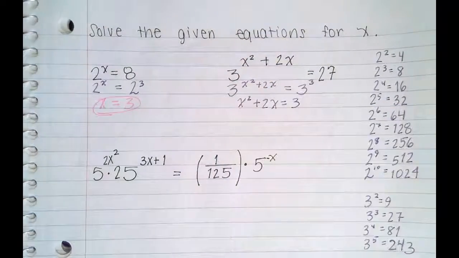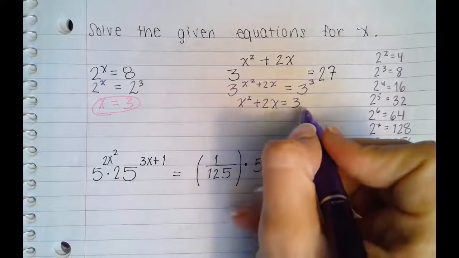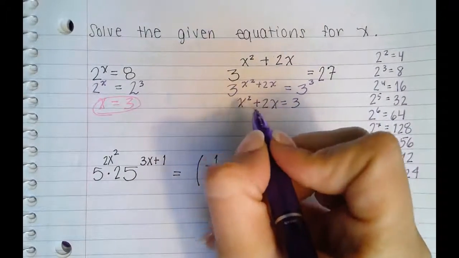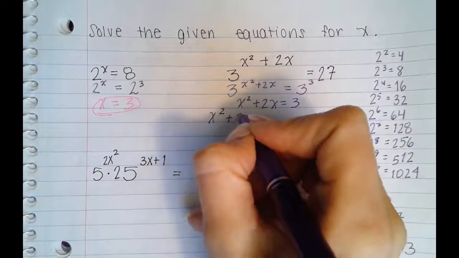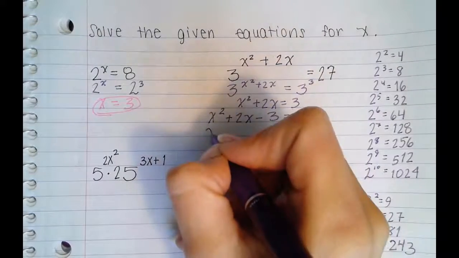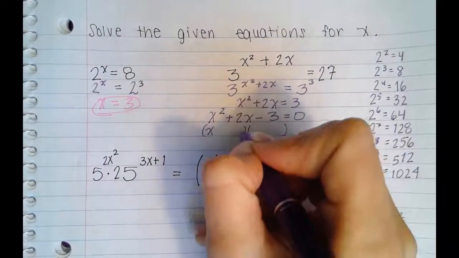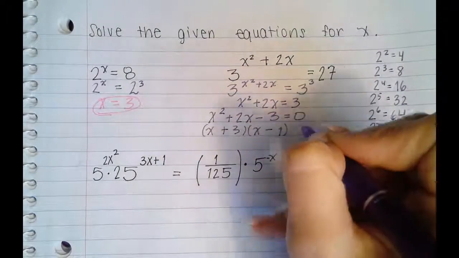This is a quadratic equation, and like all polynomial equations, in order to solve it, we need to get it equal to 0, factor, and then use the zero product property. x squared plus 2x minus 3 is 0. Factoring this, we'll use 3 and 1, so it'll be a positive 3 and a negative 1.